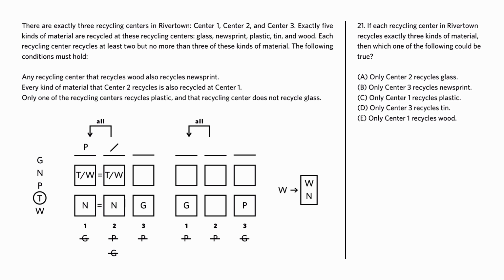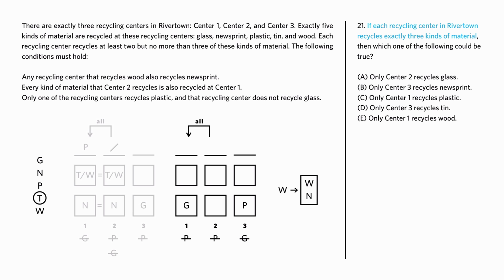Here's question 21. If each center recycles 3 items, we know we have to be in the second frame. And like some of our previous work, the key inferences come in large part from knowing that we have a limited number of elements we can choose from in order to fill our positions.